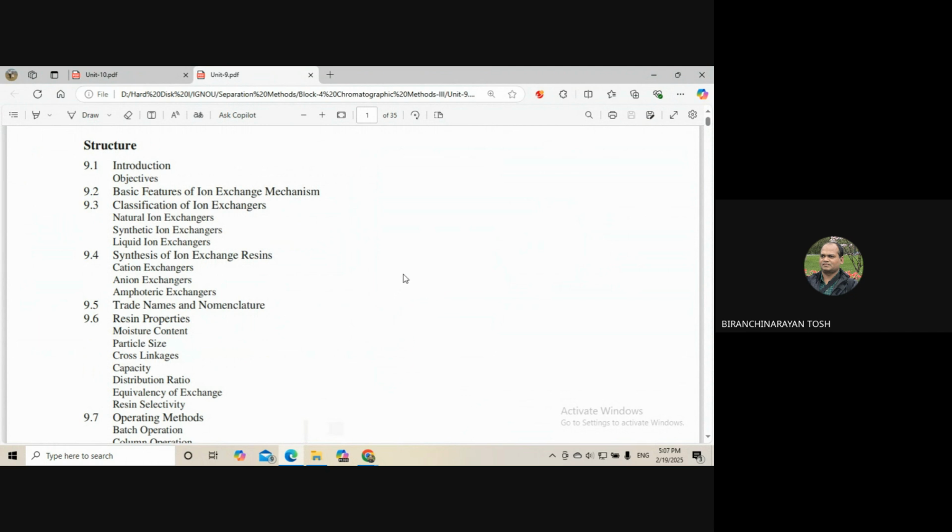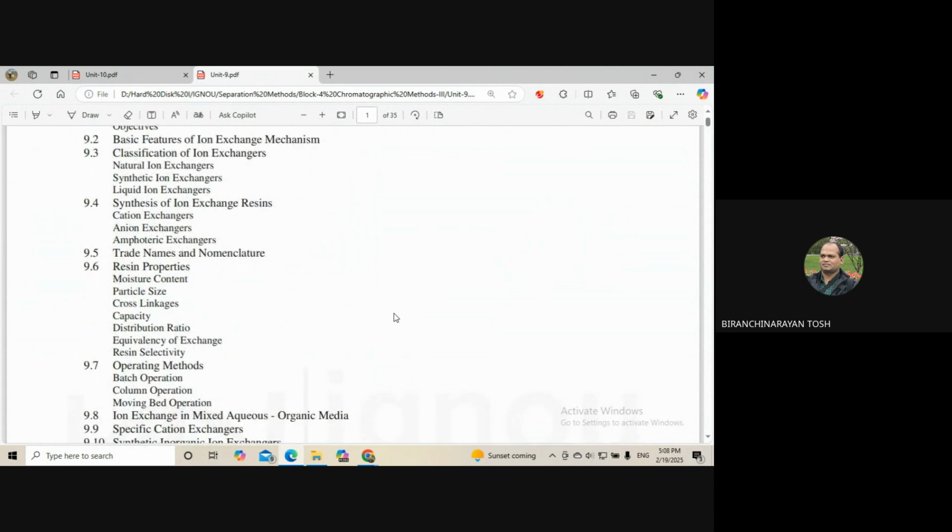The basic features of ion exchange mechanism, then classification of ion exchangers, synthesis of ion exchange resins, what are cationic, anionic, and amphoteric exchangers, and trade names of some ion exchange resins with their nomenclature, then resin properties like moisture content, particle size, cross-linking, capacity, distribution ratio, equivalency of exchange.